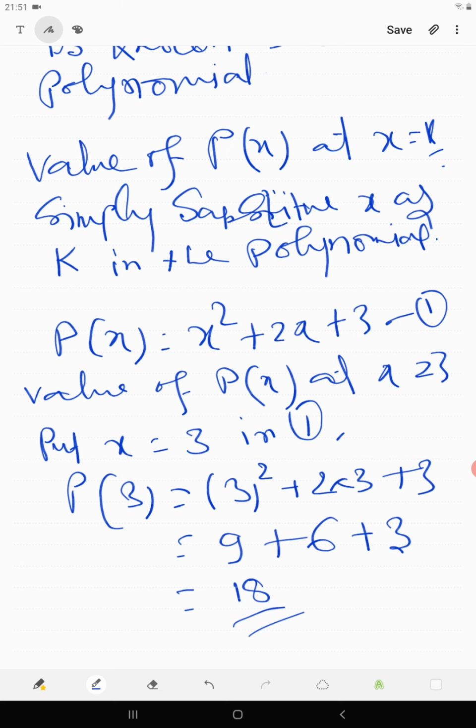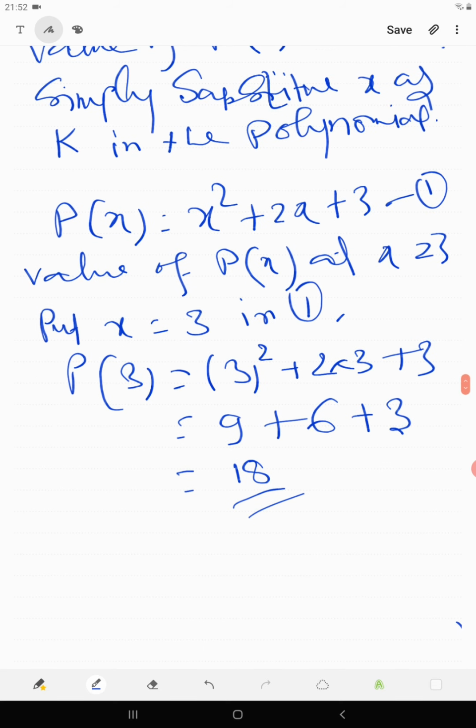As simple as that. So you might be given some polynomial, and if someone tells you to find the value of px at some number, that can be an integer or a real number also. It doesn't matter. It's not mandatory that it should be an integer only.